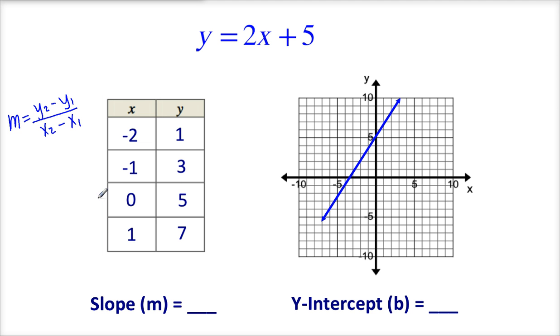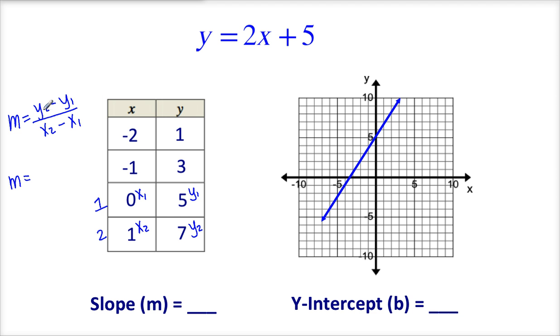So I first choose 2 points, any 2 points that you want. I like any point that has a 0 in it, so I chose that one. So if this is the first point, that means this is x1 and y1. And if this is the second point I chose, then this is x2 and y2. Plug in these values into my slope equation.